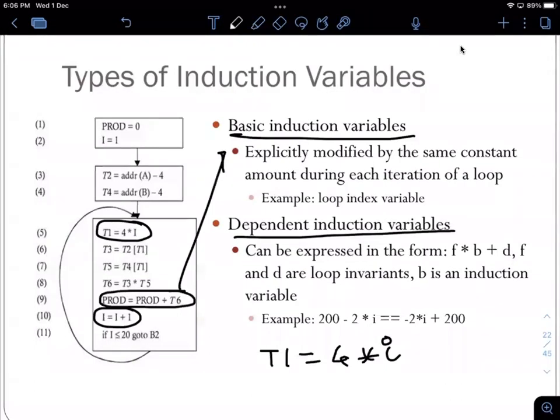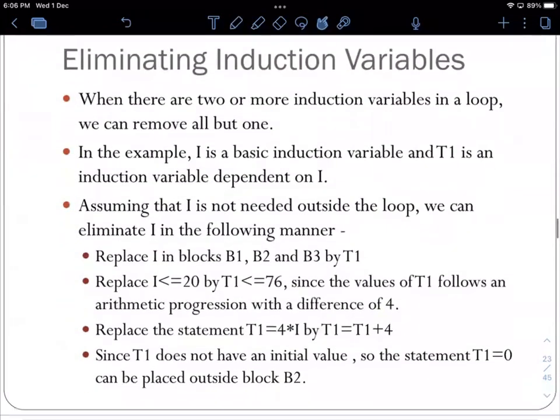We can improve these loops with the help of these induction variables. Let's see how. What we have to do is eliminate these induction variables. So how do we do that?